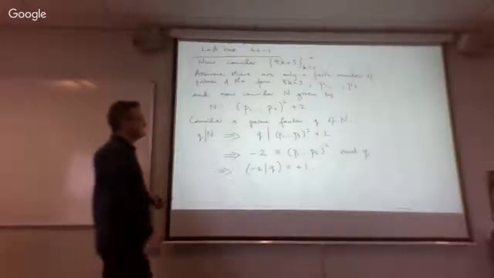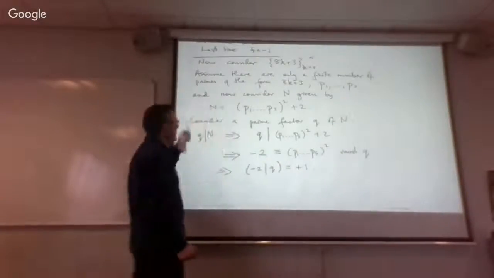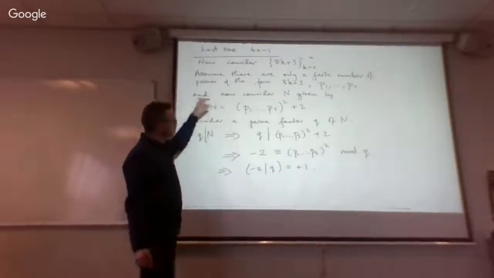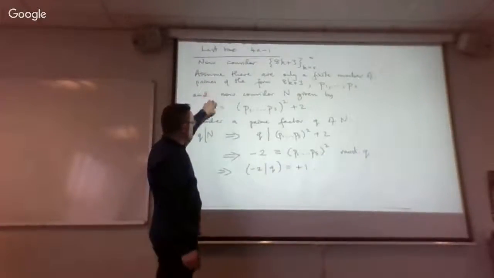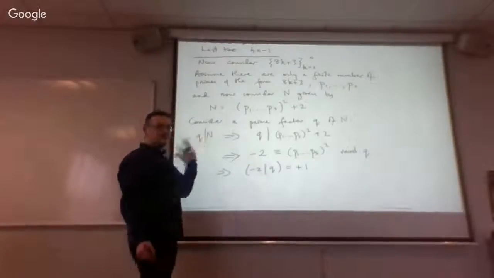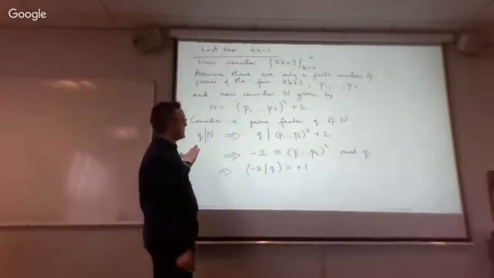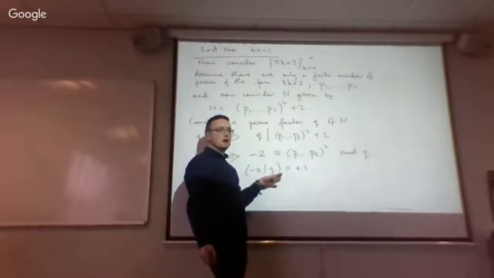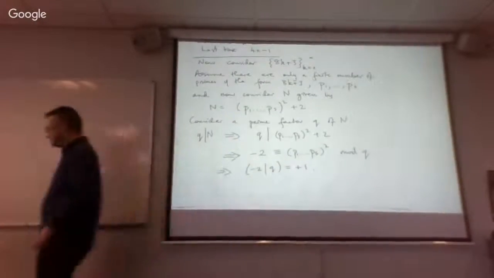So we assume there's only a finite number of primes. By construction, we construct this special number N such that any prime factor that N has, and we know it must have some, minus 2 is a quadratic residue modulo that prime factor.